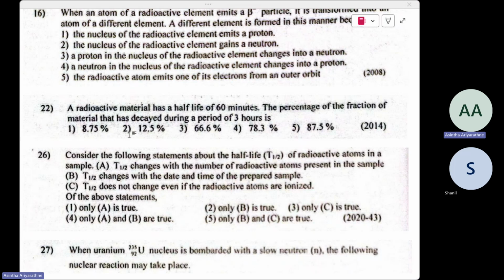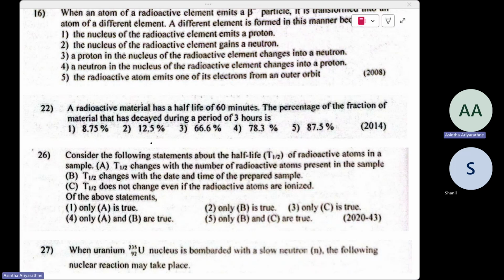The percentage of fraction of the material that has decayed in a period of 3 hours. 3 hours is 3 times the half-life here. So the percentage of fraction of material that has decayed during a period of 3 hours.